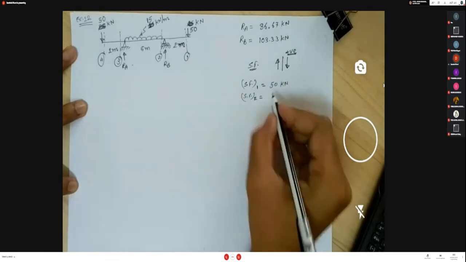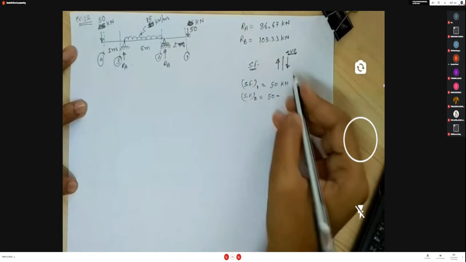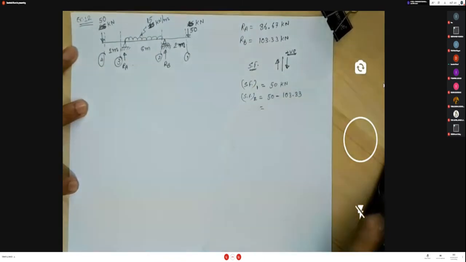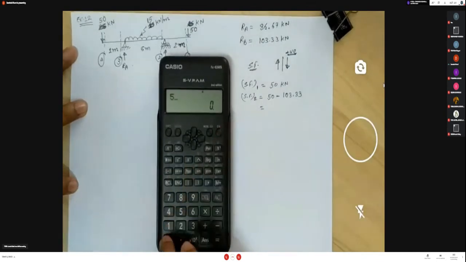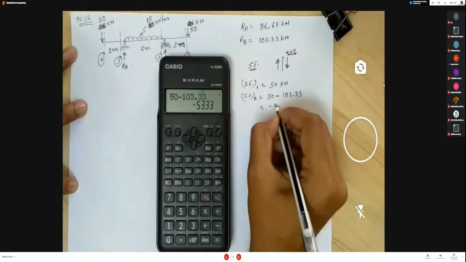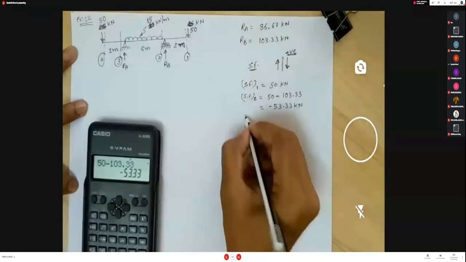So downward is positive, so 50 minus the upward reaction, whose magnitude is 103.33. So we get minus 53.33 kilonewton.